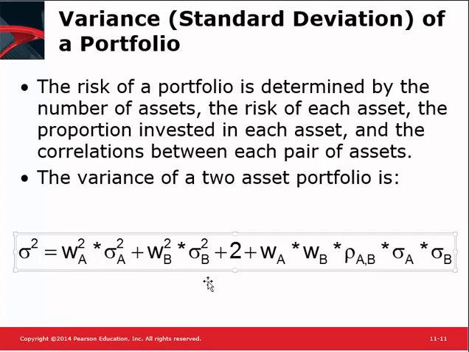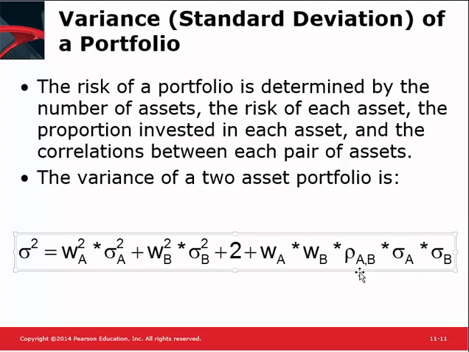This is the risk that B brings. Well, the question then is, what happens when we combine them in this proportion? Since these are squares, everything out here is a positive number. So W sub A is positive, W sub B, standard deviation, these are all positive numbers. The only thing that possibly changes then is the correlation. What is the relationship between these two assets?